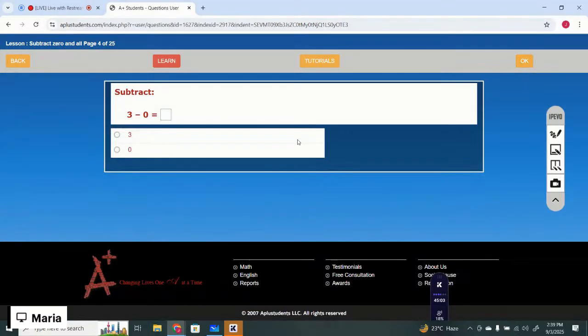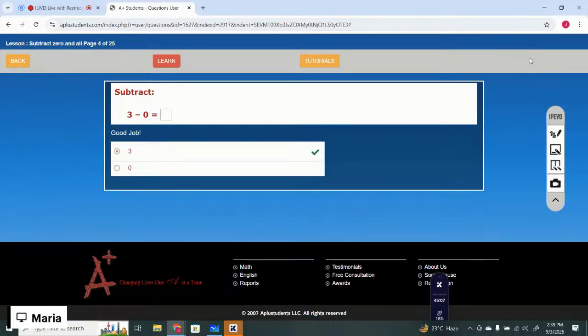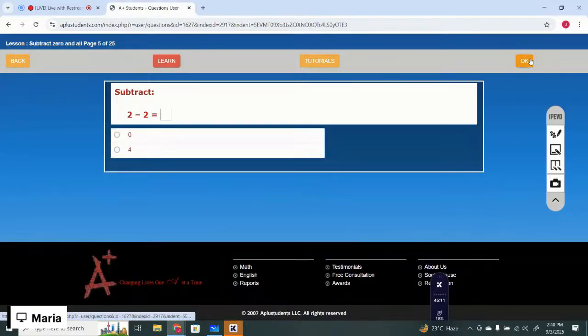Option number 1 is the correct option. So 2 take away 2 is... yes, 0 it is. 2 take away 2 is 0.